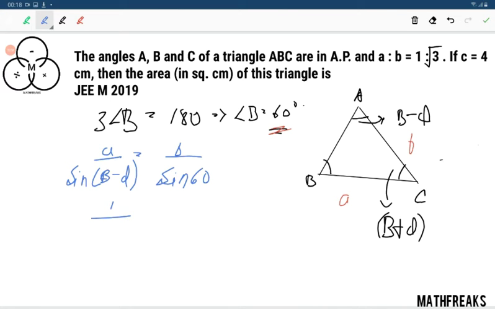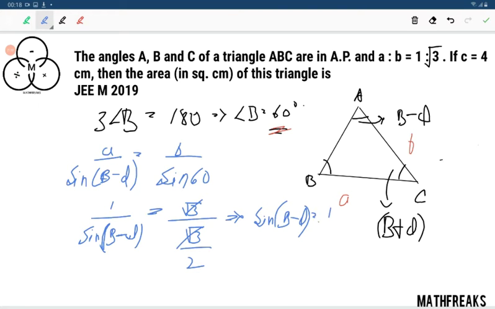We can simply write 1, as these are ratios. Sine of B minus D equals b, which can be written as root 3, times sine 60, root 3 by 2, over root 3. Sine of B minus D equals 1 by 2.